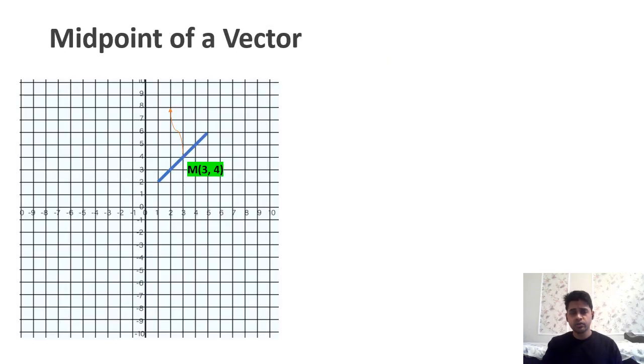Now let's try to understand the midpoint. Midpoint is not in your syllabus, but you have to understand this. I have a line whose coordinate points are given: A is (1, 2) and B is (5, 6). Now we need to find the midpoint of this line.